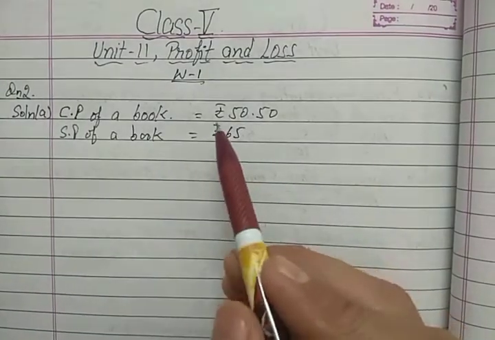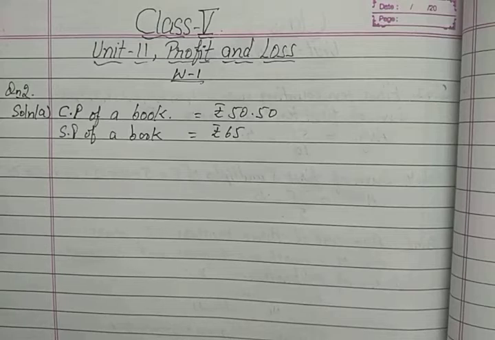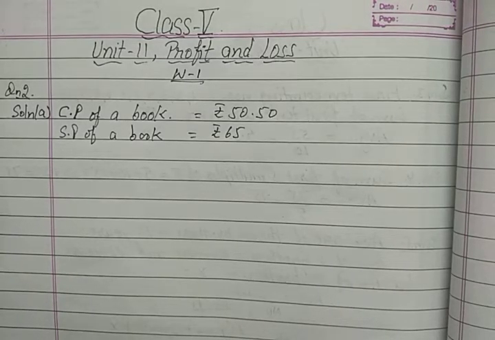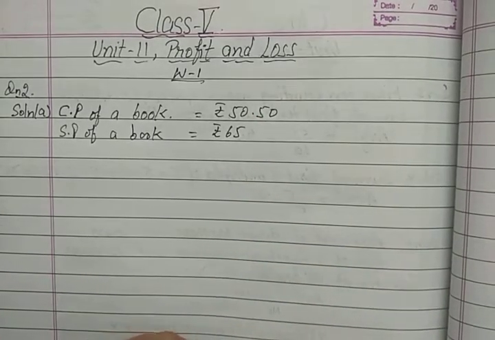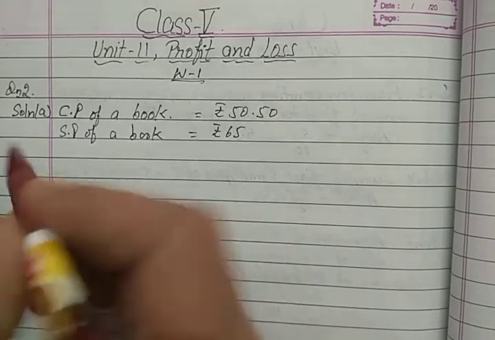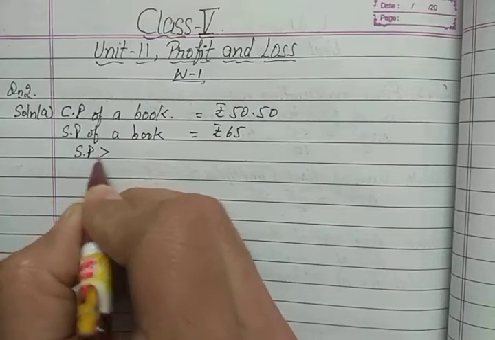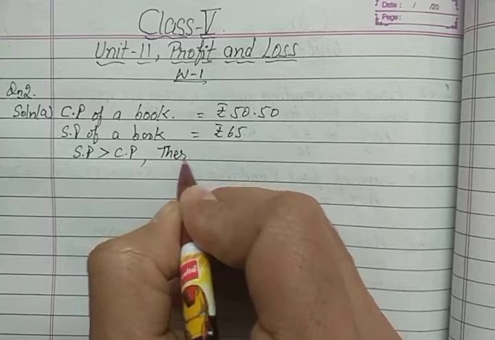Now you can see here that the selling price is more than the cost price, so that means there is a profit. When the selling price is greater than the cost price, then there is a profit.